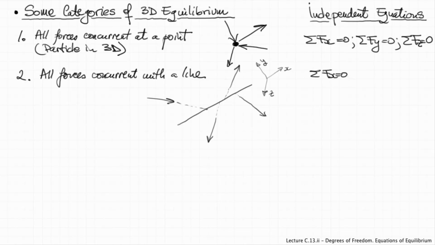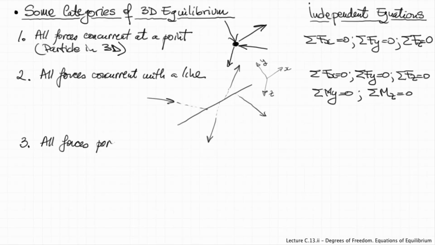So what is specific in this case is that the moment arms of these forces with respect to the line are 0, so hence these forces cannot rotate around the x-axis. So hence we don't need to sum the moments about the x-axis. So we end up with 5 equations of equilibrium.